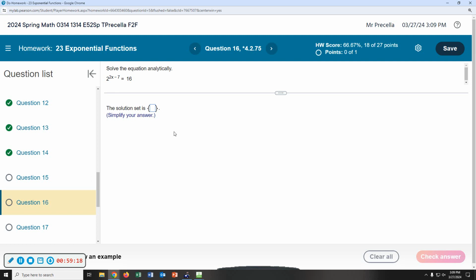Let me write the problem down. 2 to the 2x minus 7 is equal to 16.